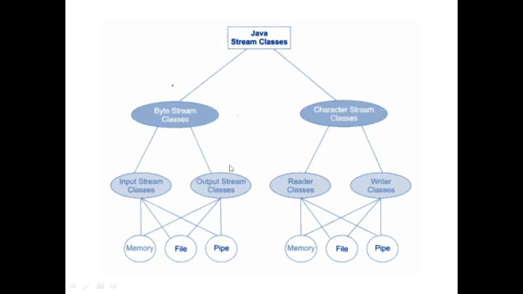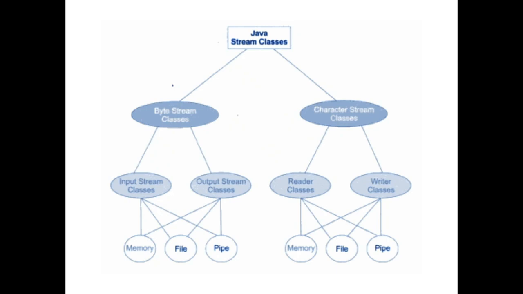And for output, in the byte stream class it is called the output stream class, and in the character stream class it is called the writer class. Okay, so let's move ahead.